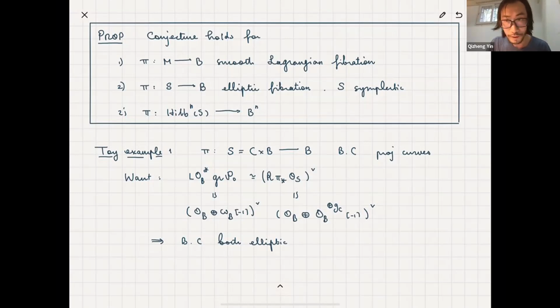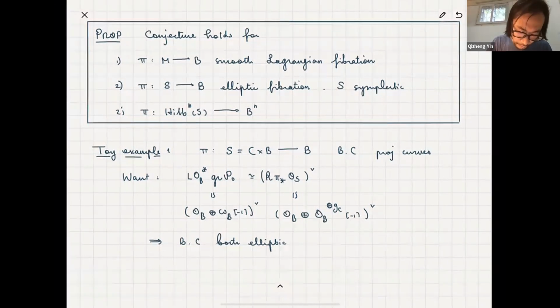For example, that this conjecture holds for smooth Lagrangian fibrations. If you have a smooth map and a smooth abelian scheme where the source variety is symplectic, and also it holds for elliptic K3s or any elliptic fibration from a symplectic surface.